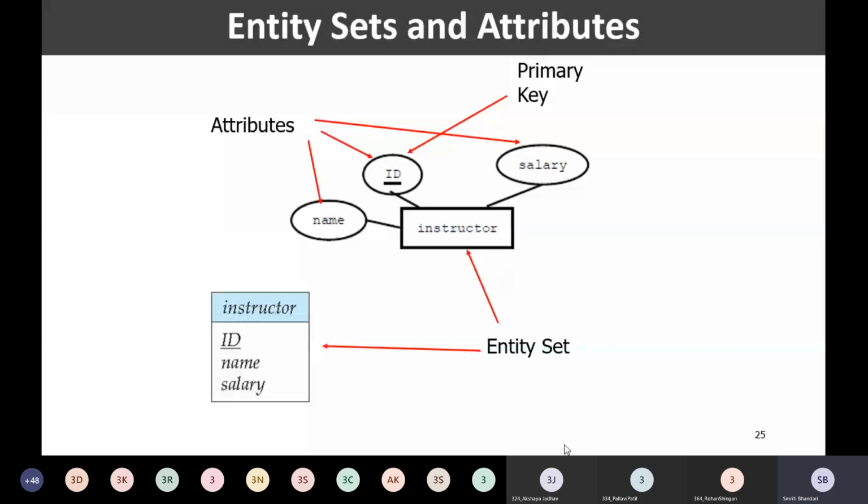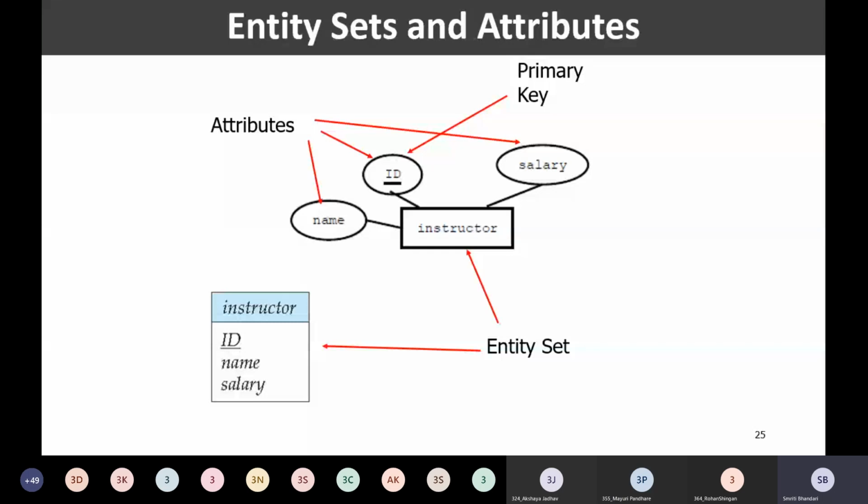Primary key of the entity set? Attributes of primary key should never be changed. Okay, so what is a primary key? How to define the primary key?